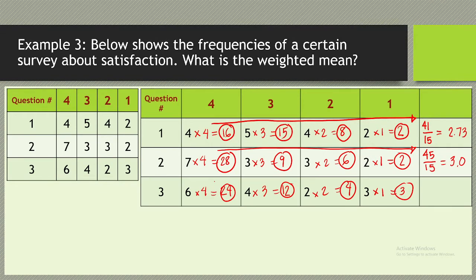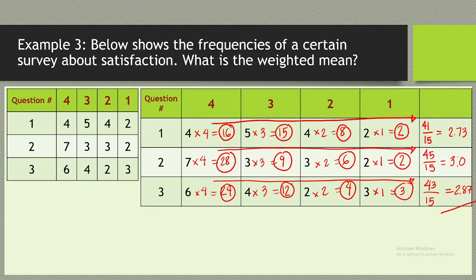The result for this question 3 is 43 divided by 15. That is 2.87.